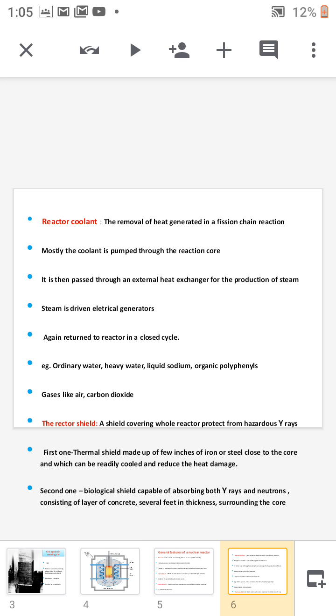The second shield is the biological shield, capable of absorbing both gamma rays and neutrons, consisting of a layer of concrete several feet in thickness which surrounds the core.